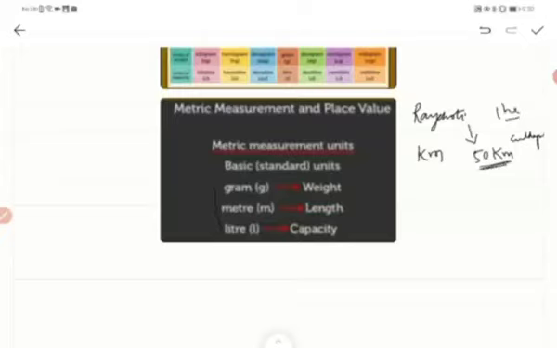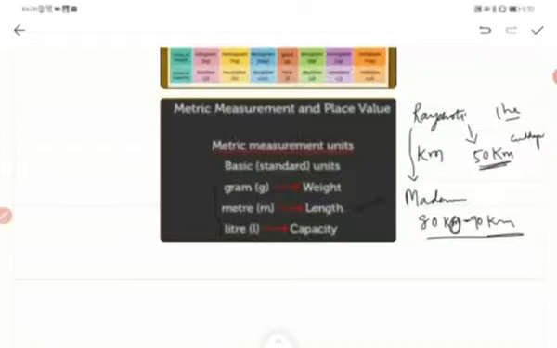Raichoti to Madanapalli is almost 80 to 90 kilometers maybe. So meter is the basic unit of length.